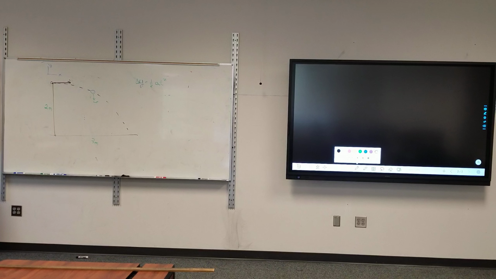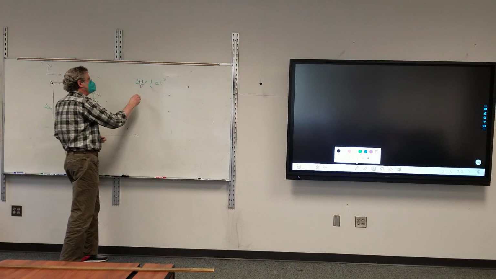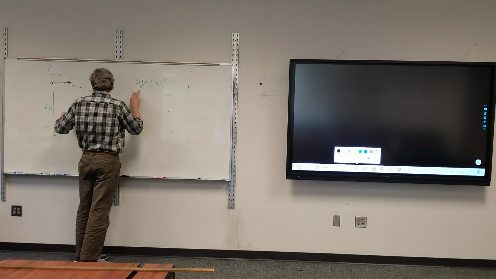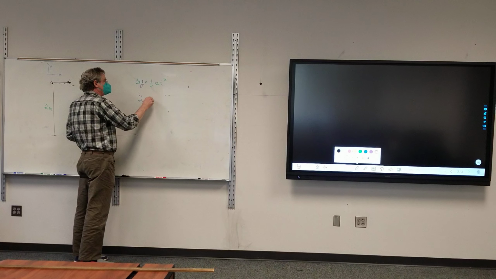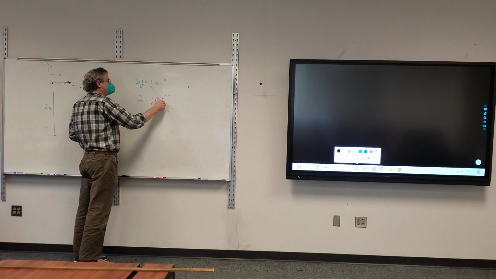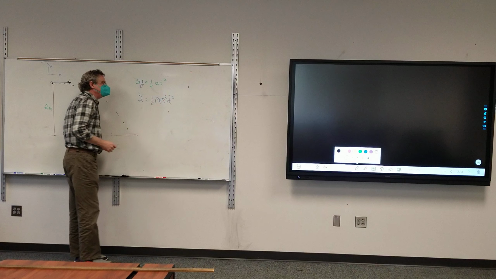What's the acceleration as it falls? The acceleration is acceleration due to gravity. Now the distance it's going to fall is 2 meters, so 2 is equal to 1/2 times 9.8 times t squared.